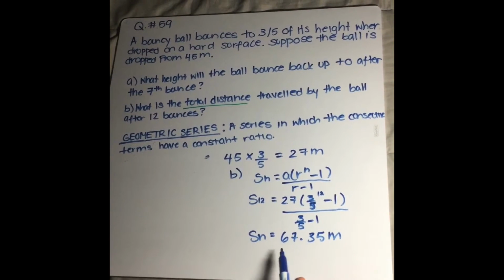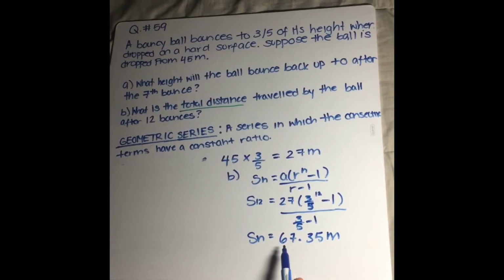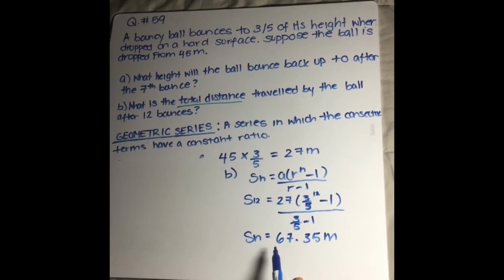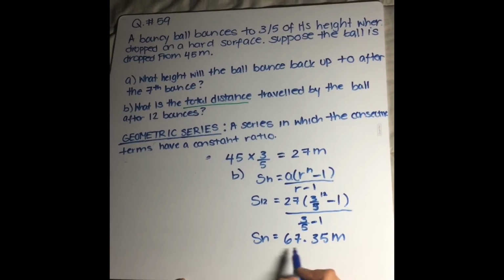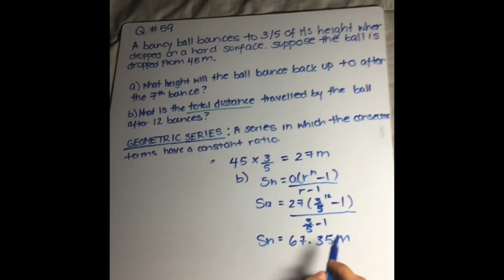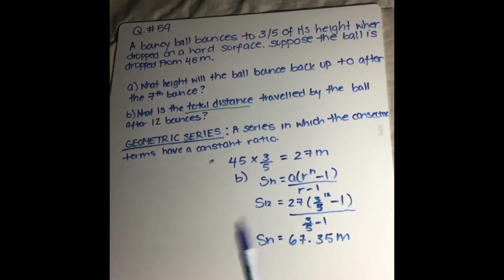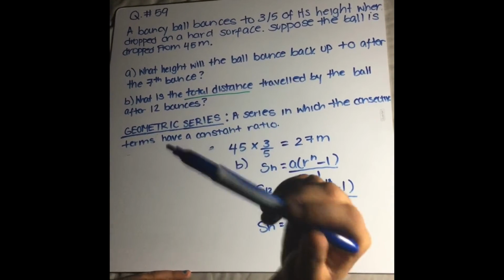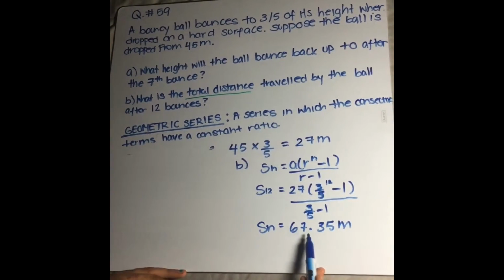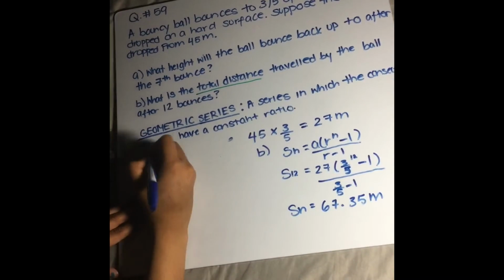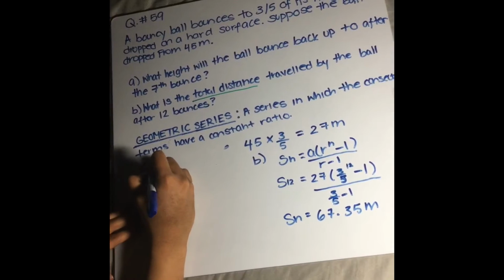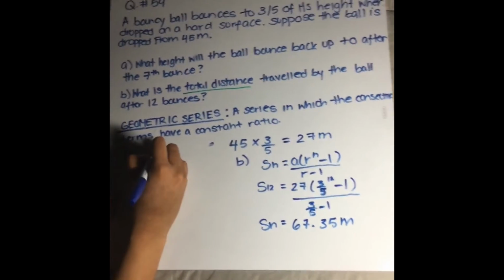And so the ball will basically travel double the sum of the first 12 heights. This is just telling you how much the ball went down, but because the ball is bouncing, it's going the same distance down as up. So you would have to take this number and multiply by 2 to accommodate for the fact that it's going up and down each time.